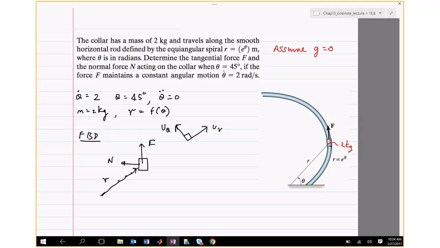So which direction is it acting? It always acts in the normal and tangential direction to that particular collar. So now this is the case I told you about. The forces are along the u_t and u_n direction, but the coordinate of choice is the r theta coordinate frame.